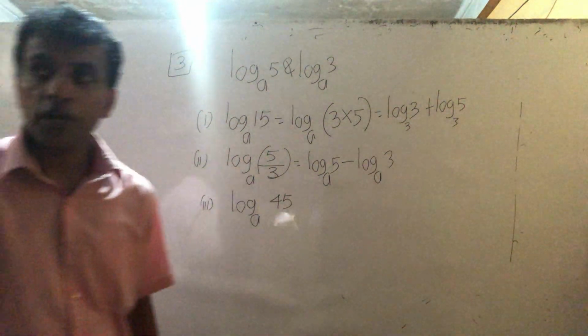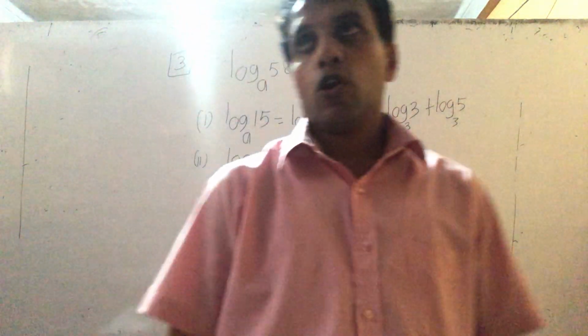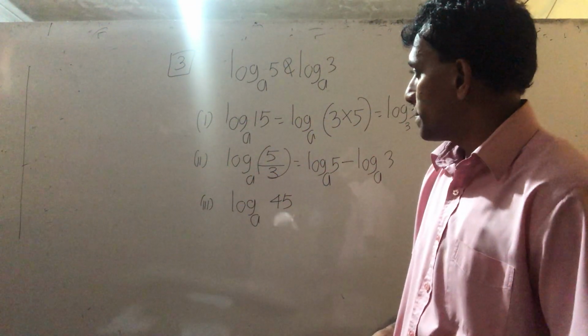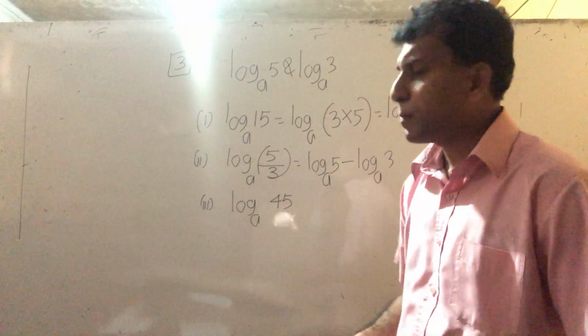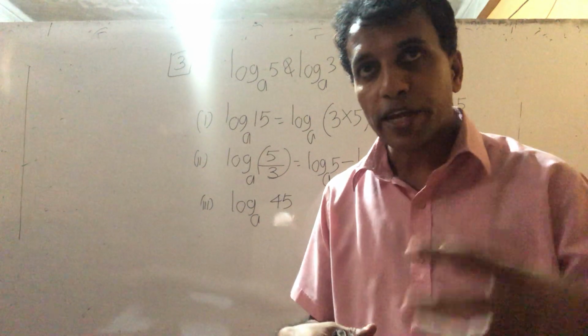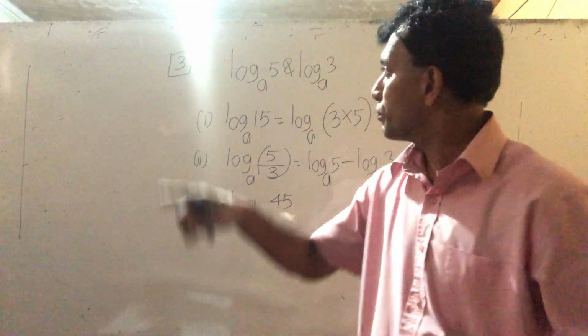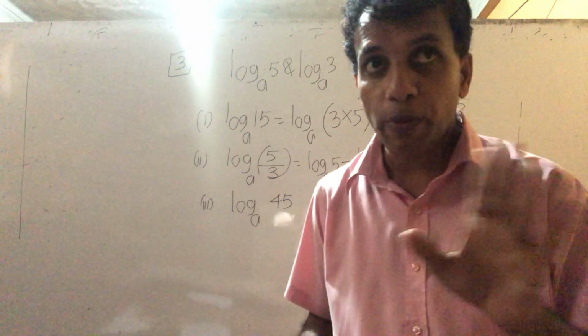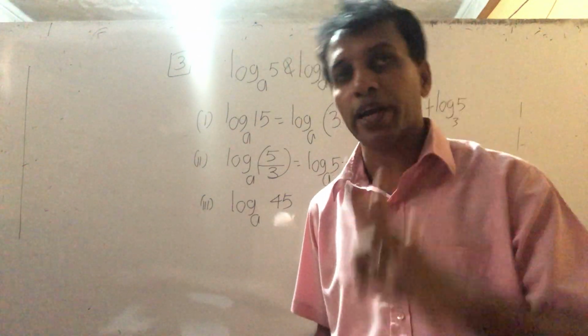Next question: logarithm base a 45. Like the first type of question, inside 45 you try to take the 5 and 3, not by addition or subtraction, but by multiplying or dividing.